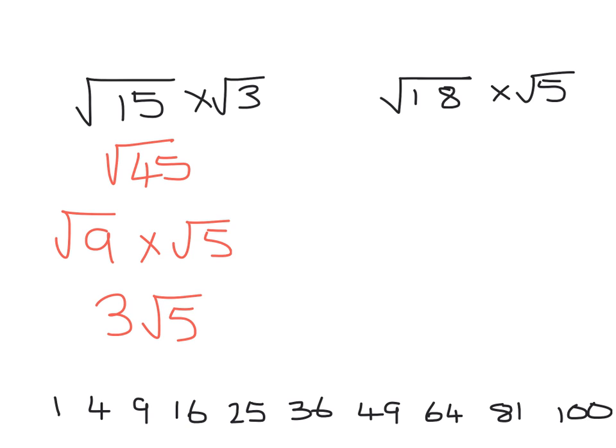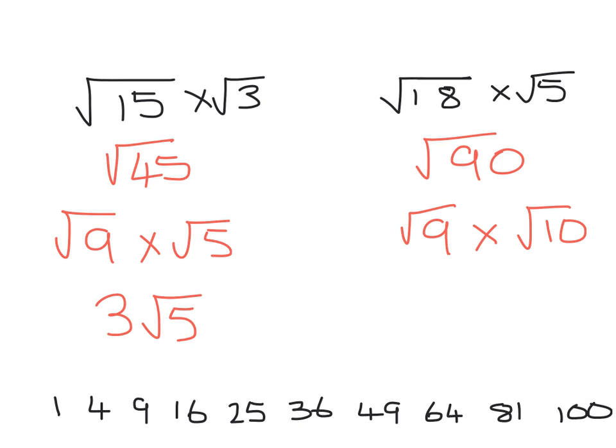We've got root 18 multiplied by root 5, which would give us root 90, which would give us root 9 multiplied by root 10, which would give us 3 root 10. And that's how you simplify surds.